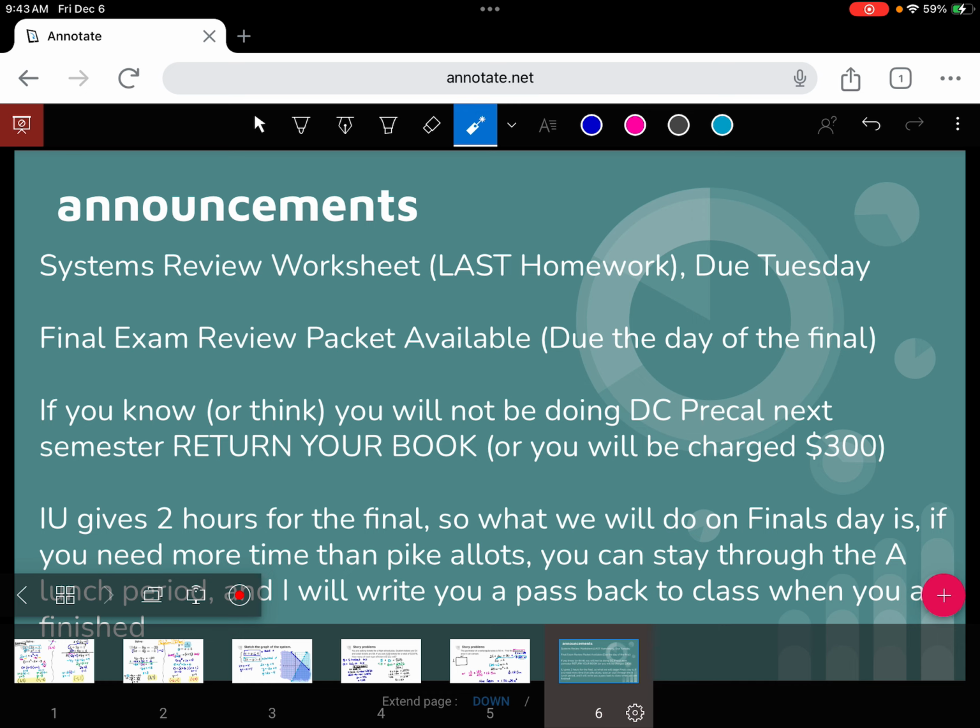If you do need that additional time, more than the period gives us, we have a 5th period anyway on final day. So you're just going to hang out through A lunch, and I'll write you a pass past B lunch if you need time. We're honestly in a really good time slot to do that, so you don't have to stop, you can just keep on trucking to finish out that final.